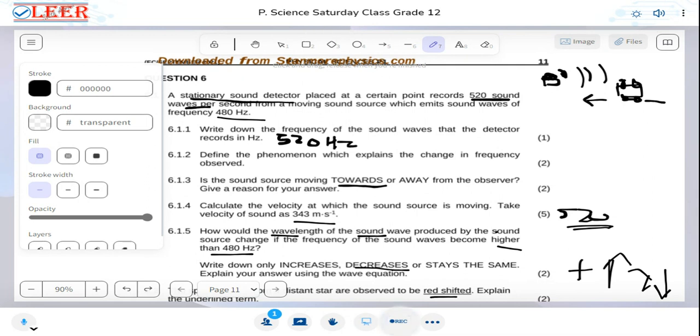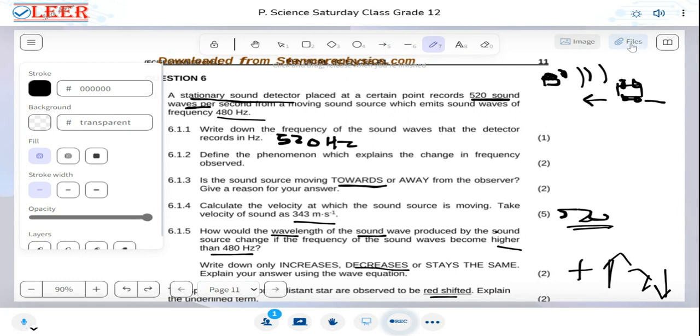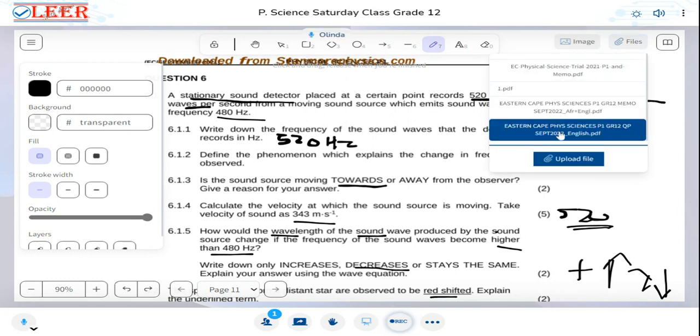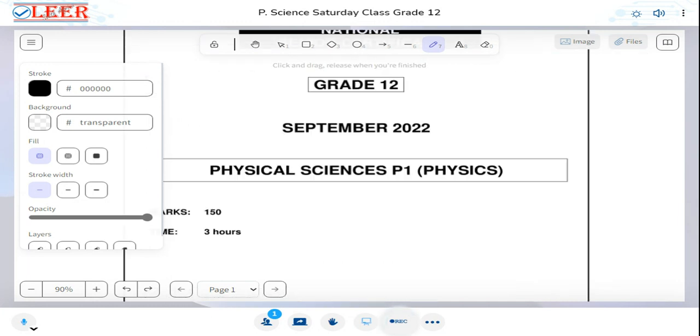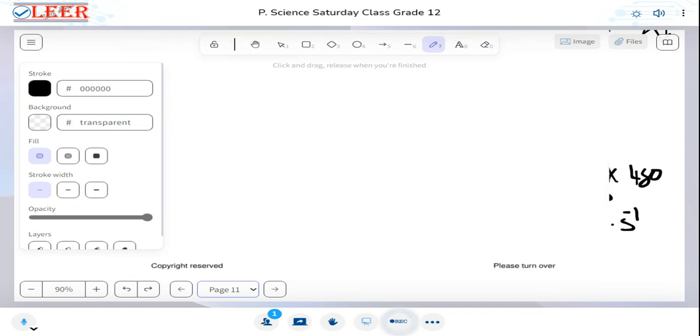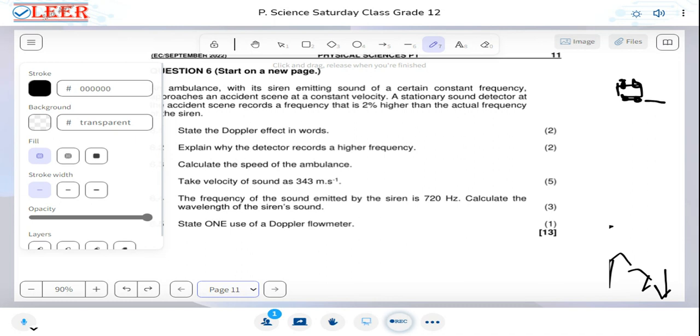I think we can quickly go through another question as well, question 6. This is also Doppler effect, sound waves.